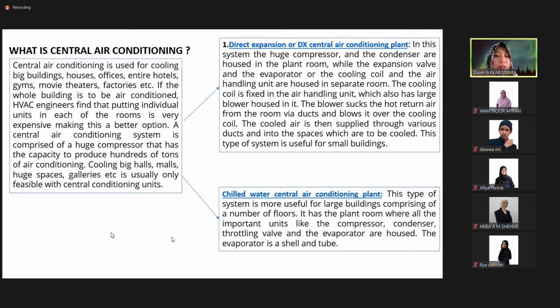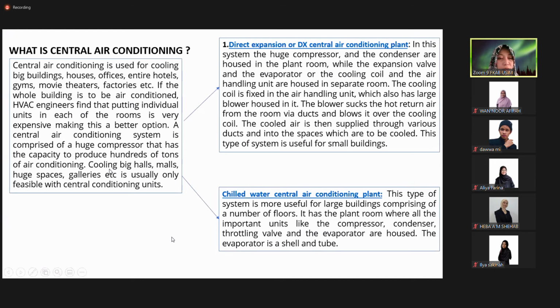If the whole building is to be air conditioned, aircon engineers find that putting individual units in each of the room is very expensive, making this is better. A central air conditioning system is comprised of a huge compressor that has the capacity to produce hundreds of tons of air conditioning. Biasanya kita guna dekat bangunan besar. We are using it at a very big building, houses. One time control.